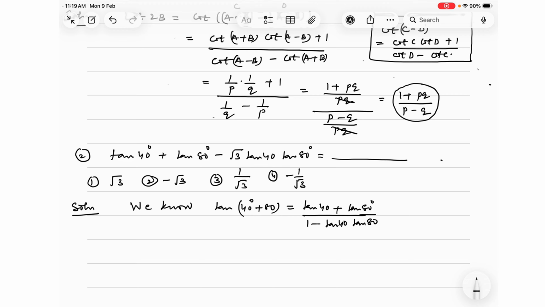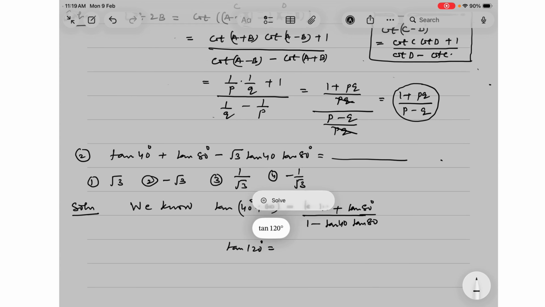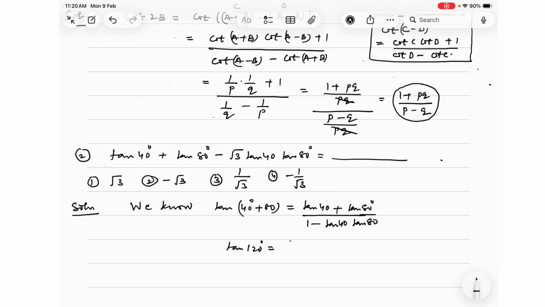Now 40 plus 80 is 120, so tan 120° will be equal to (tan 40 + tan 80)/(1 − tan 40 tan 80).